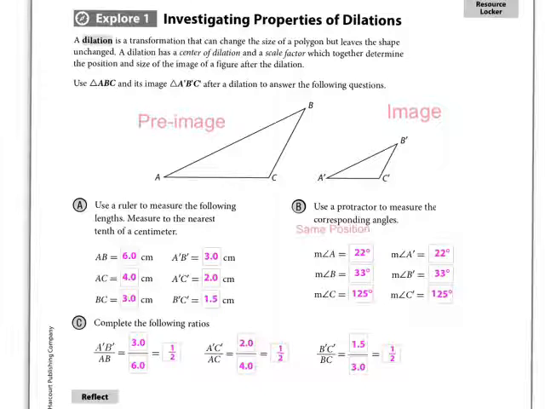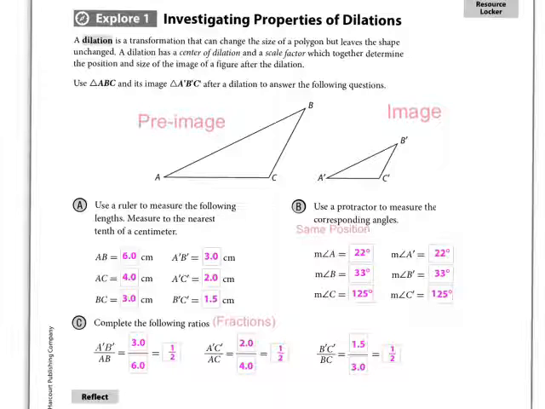Now they want you to complete the following ratios. And remember that ratios are actually fractions. That's why all of your answers look like fractions. So let's talk about which ratios they want. They want to know what A prime B prime is. A prime B prime measures 3 centimeters, so 3.0. AB measures 6 centimeters, so 6.0. Now that's the same thing as 3 over 6.